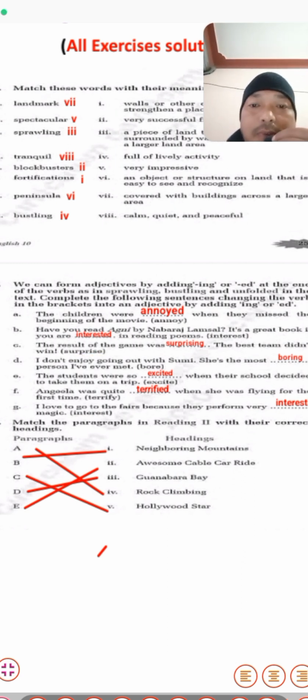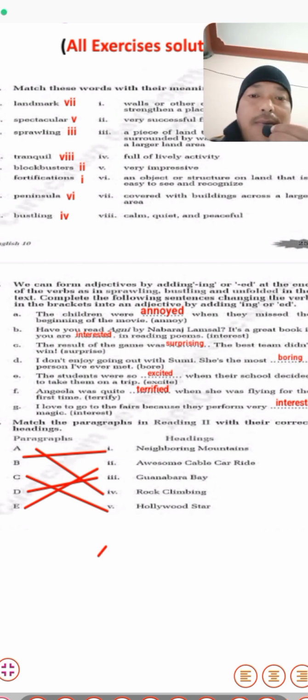C number, surprise, here we are adding ing with surprise. The result of the game was surprising, the best team didn't win. And D number is bore, again we are using ing, boring.